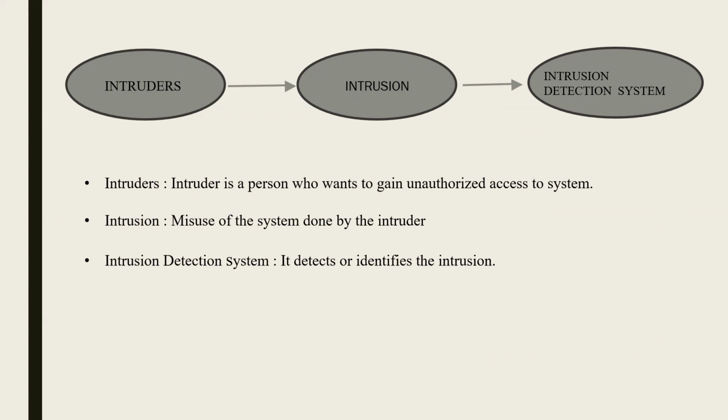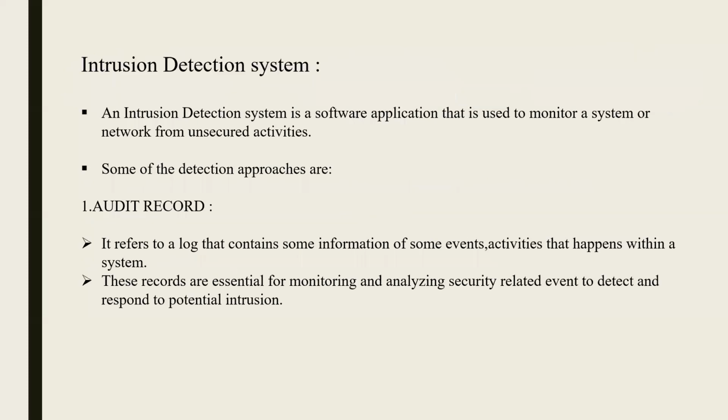So we have to know how intrusion is detected or identified by a system. Here we use an intrusion detection system. It detects or identifies the intrusion. An intrusion detection system is a software application used to monitor a system from unsecured or unwanted activities.